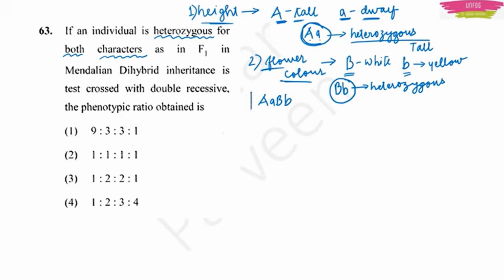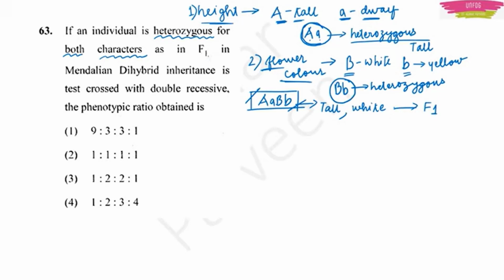So this is our main individual, having tall height and white flowers, because the dominant character dominates the recessive character. It is a tall plant with white colored flowers, and this is the F1 generation according to the question.